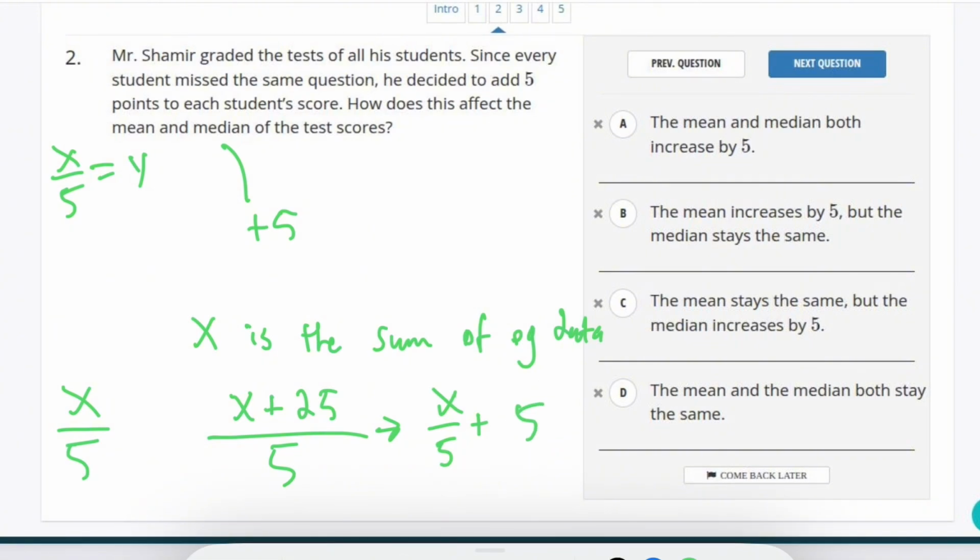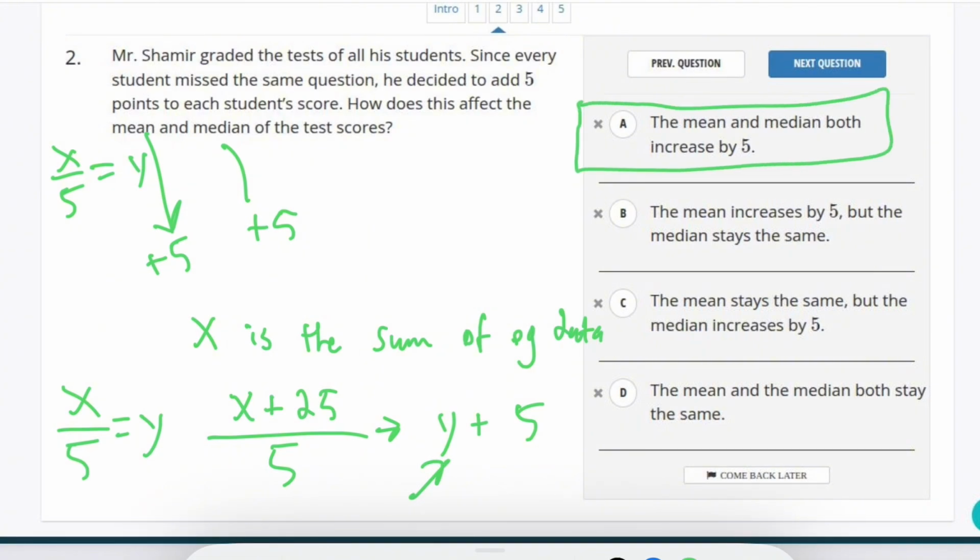Correct? So you can replace x over 5 with y, and our original is also equal to y. So the original plus 5 is our new mean. So our mean is also added by 5. So the mean and the median both increase by 5, which is answer choice A.